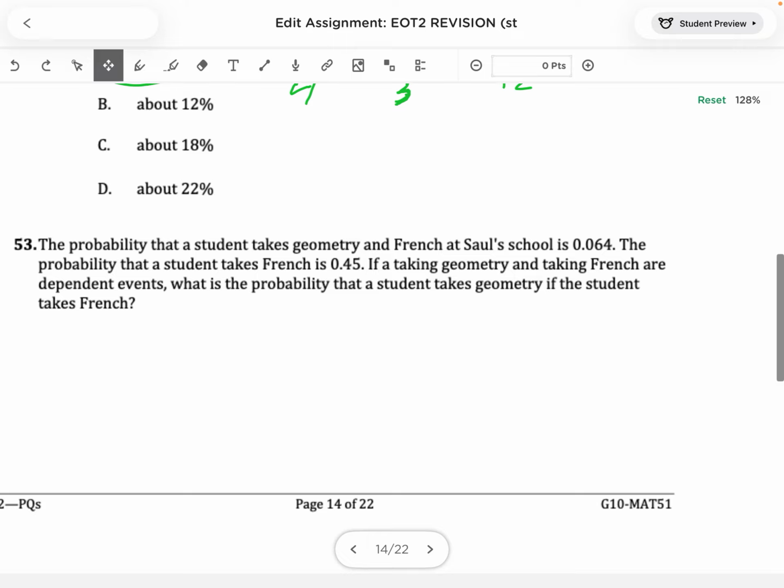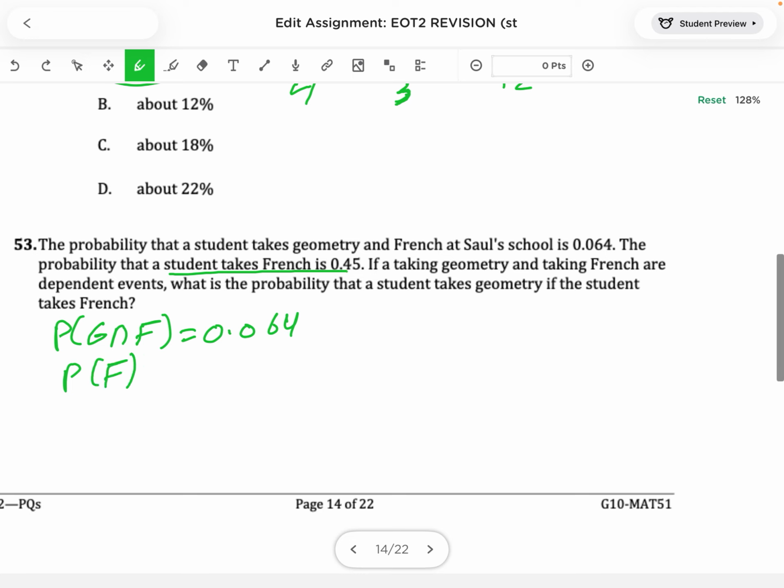The probability of taking geometry and French together is 0.064. And the probability of French only is 0.45. Taking geometry and French are dependent. What is the probability that the student studies geometry if the student studies French?